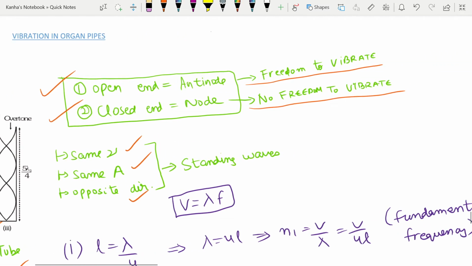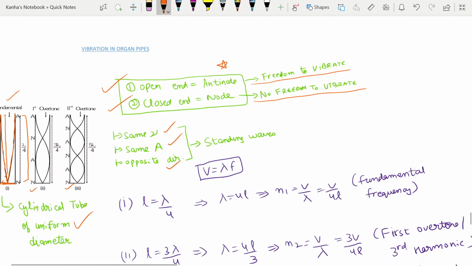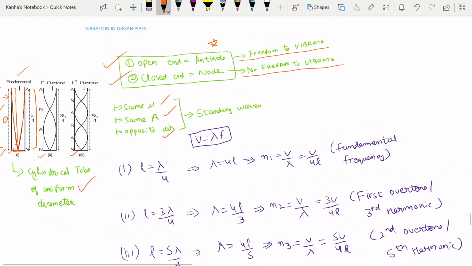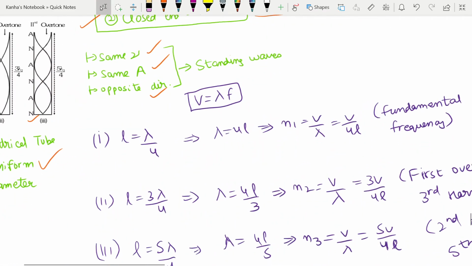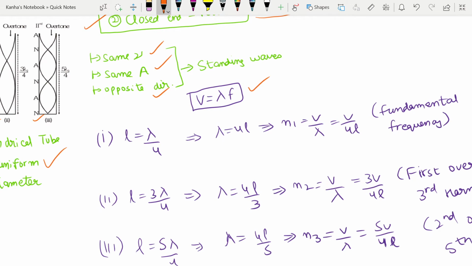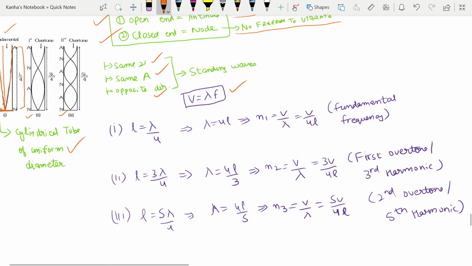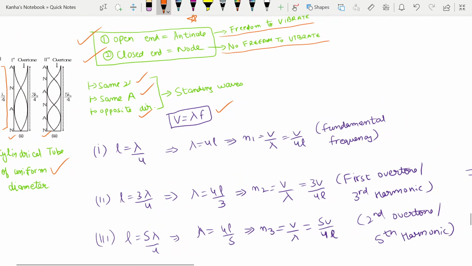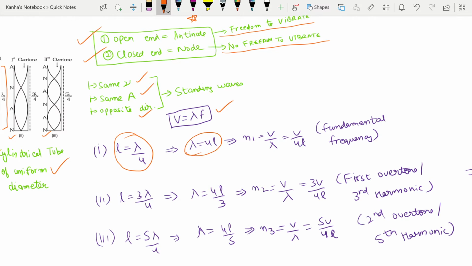Just using these two principles, you can easily make these. I don't really need to write everything down, but for the sake of completeness, my speed of sound is given by v, and my frequency is given by f. I can also give it by mu in the question, it doesn't matter. For the fundamental case, L is equal to lambda by 4, so lambda is equal to 4L.